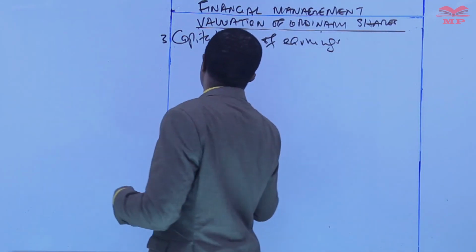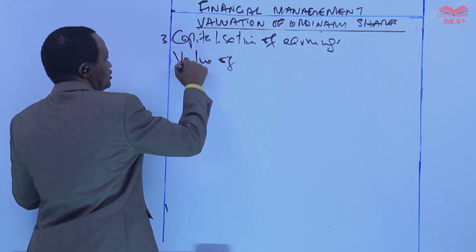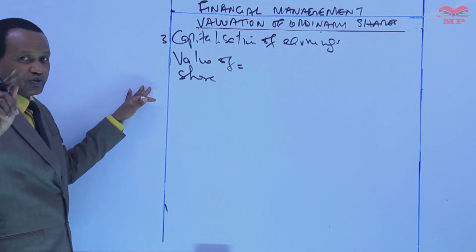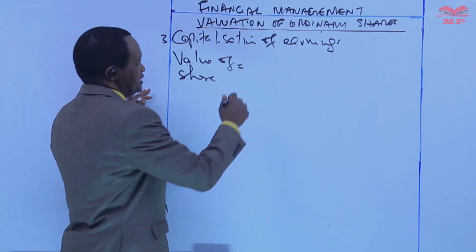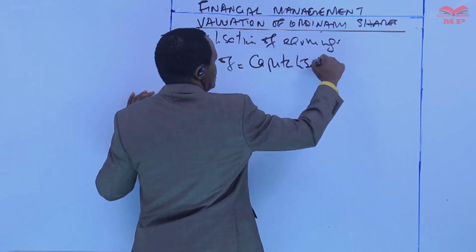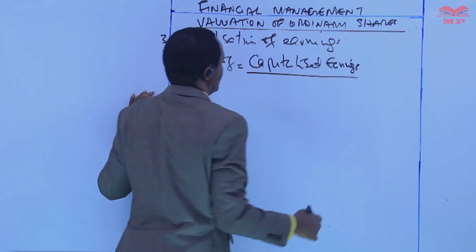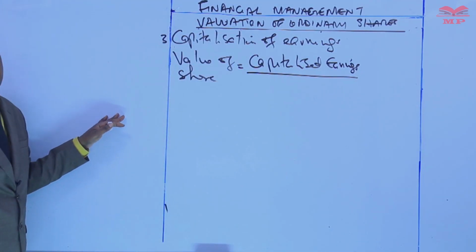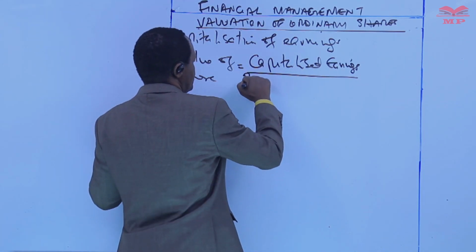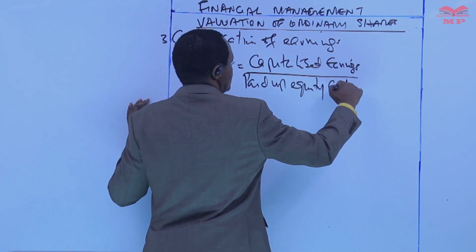So under this method, the value of a share, under capitalization of earnings, you are going to have, first of all, the capitalized earnings, which we divide by the paid up equity capital.